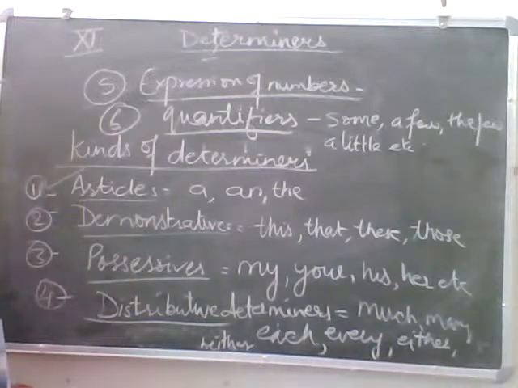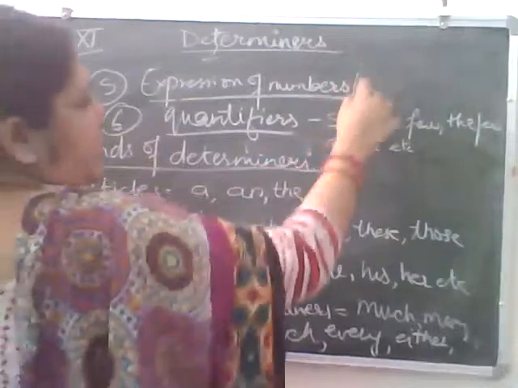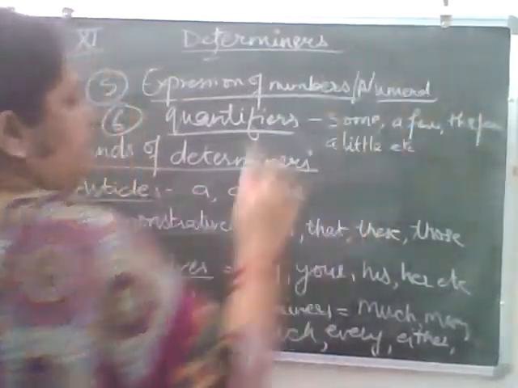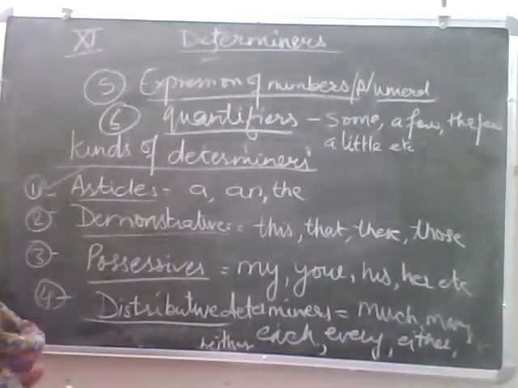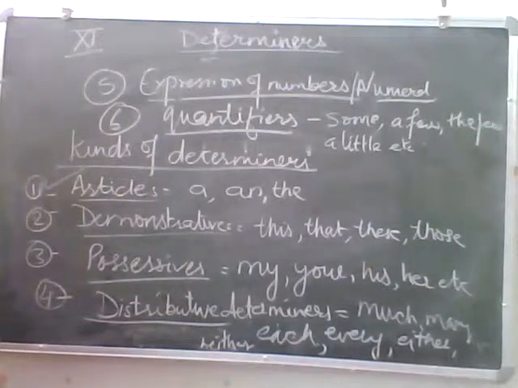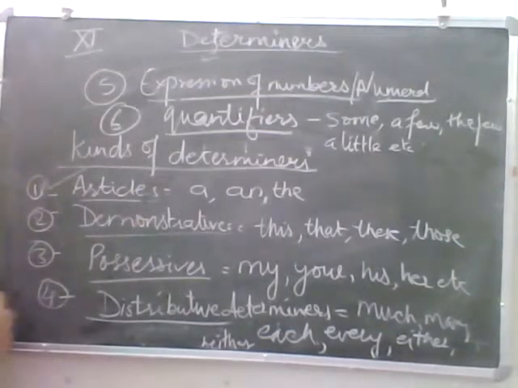These are all included in expressions of numbers, or we can also call them numeral determiners. Then there are the quantifiers, where we'll discuss some, each, a few, a little, etc., that we will explain one by one. So we are starting with the article.